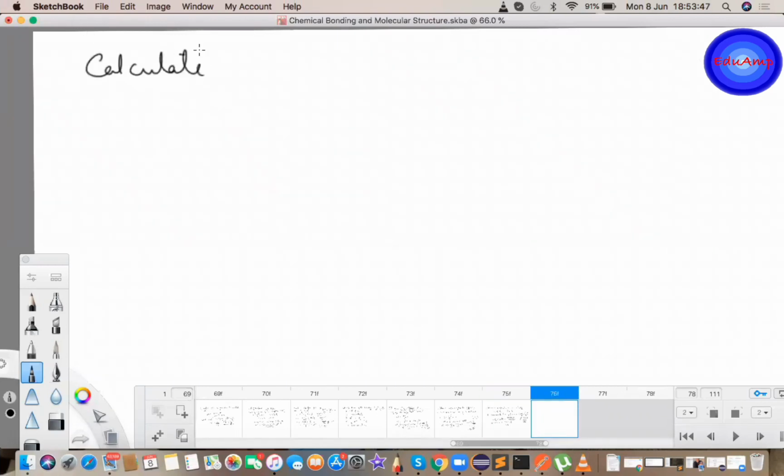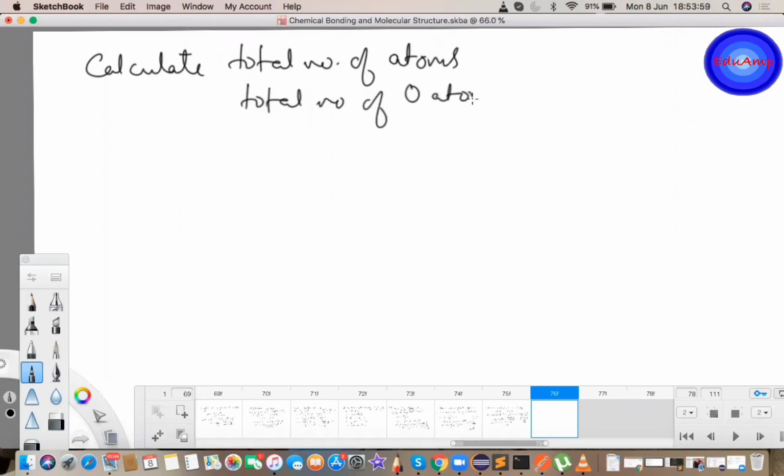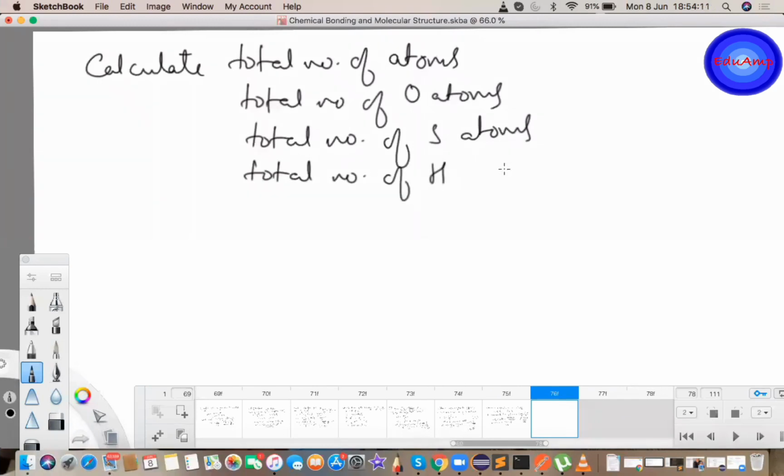Calculate total number of atoms, total number of oxygen atoms, total number of sulfur atoms, total number of hydrogen atoms in 5 mole of H2SO4.